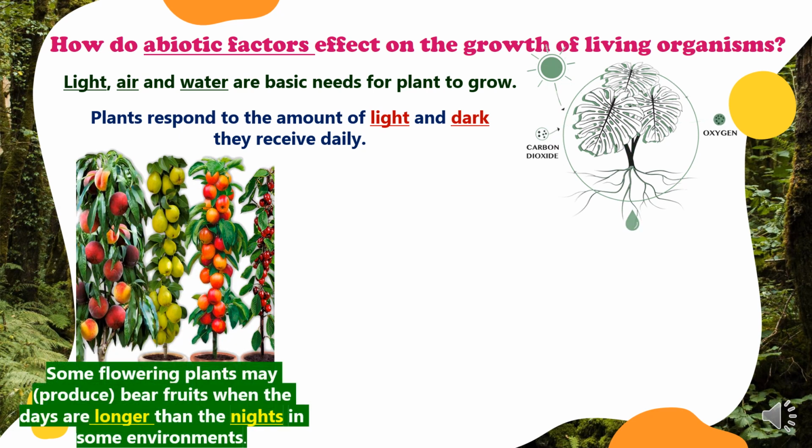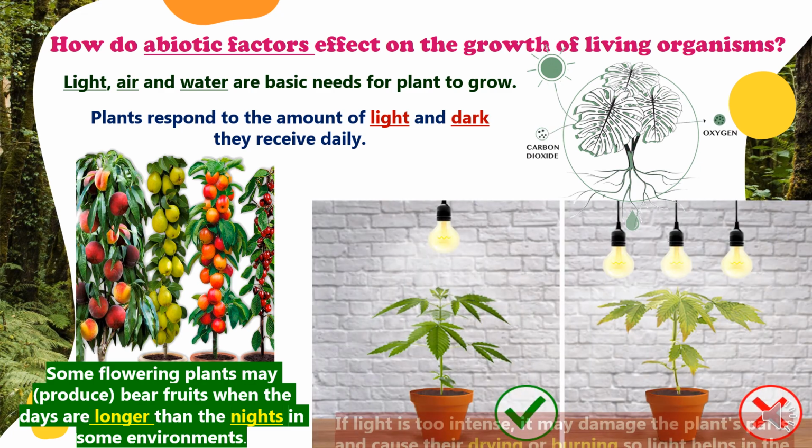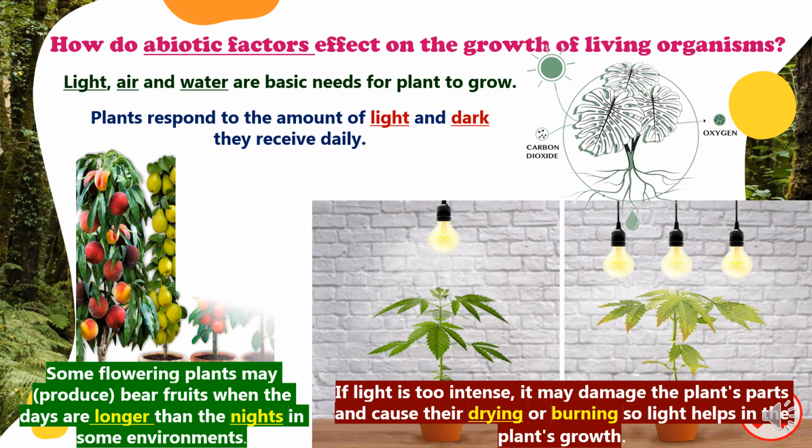Some flowering plants may bear fruits when the days are longer than the nights in some environments. If the light is too intense, it might damage the plant's parts and cause drying or burning. So, light helps in the plant's growth.